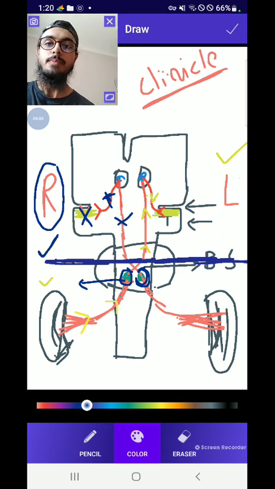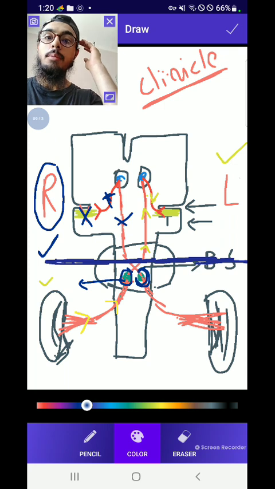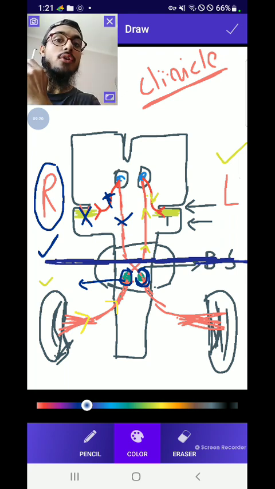For example, if my primary auditory cortex in the temporal lobe is damaged on this side, I cannot hear properly from the opposite ear. What type of sensation? The frequency, pitch and localization of voice.